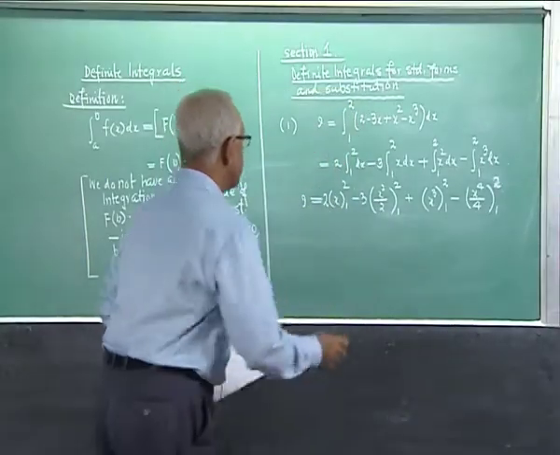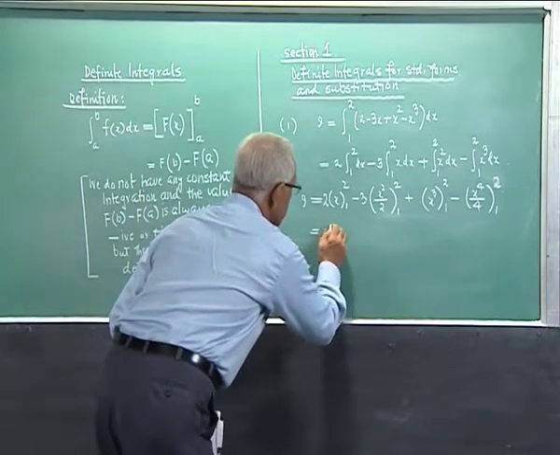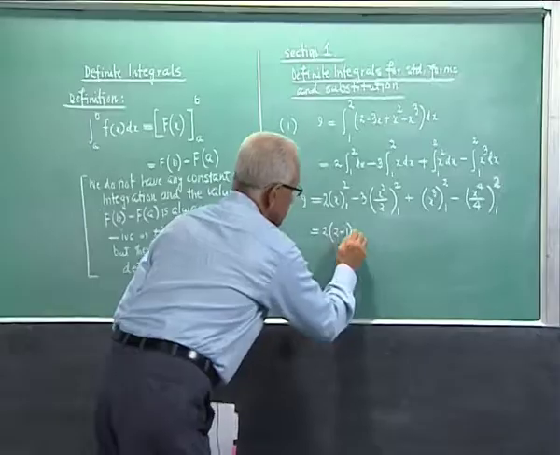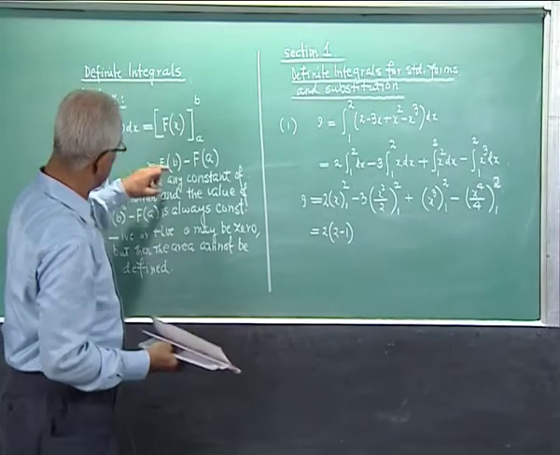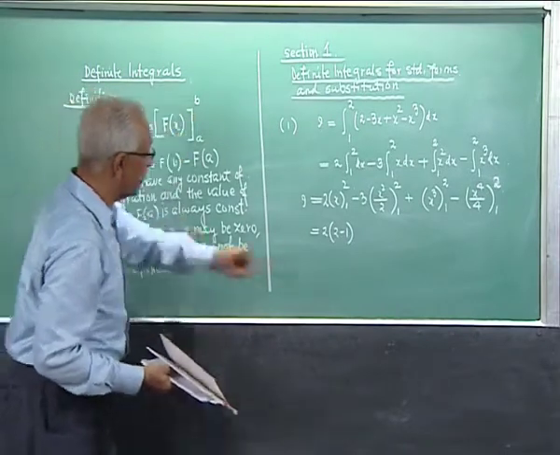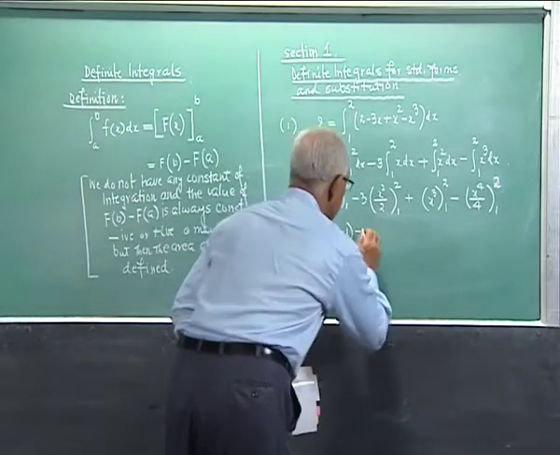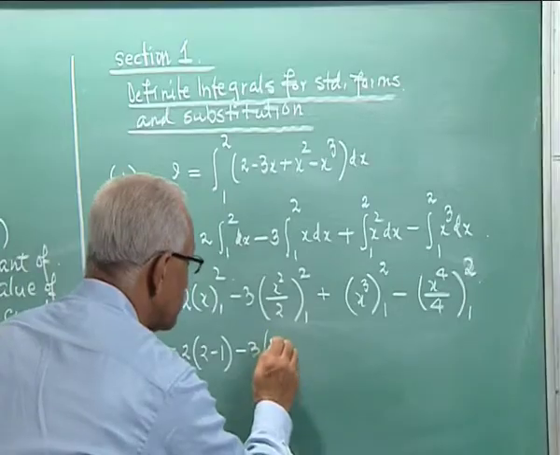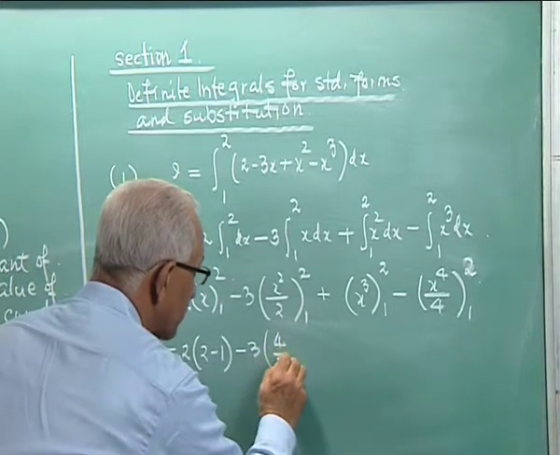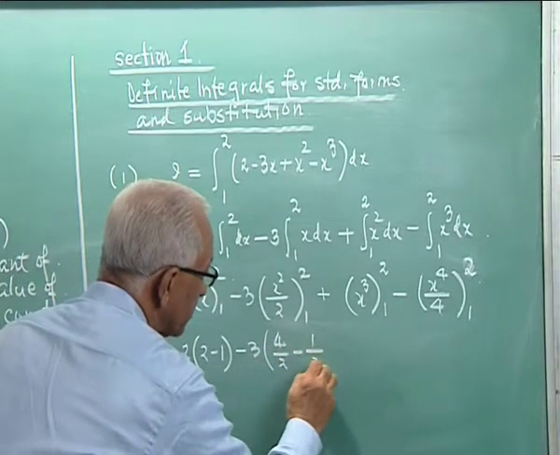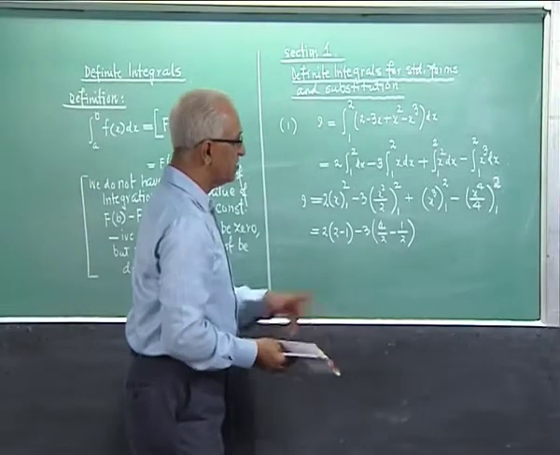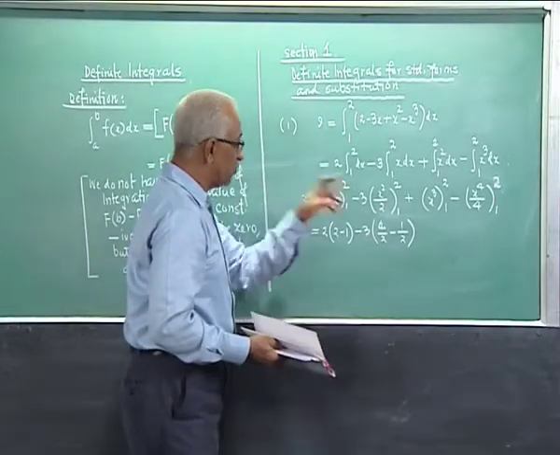So everything is easy. This will be 2 times (2 minus 1), upper limit minus lower limit in place of x, minus 3 times (4 upon 2 minus 1 upon 2). You could even bring the 2 outside after squaring.